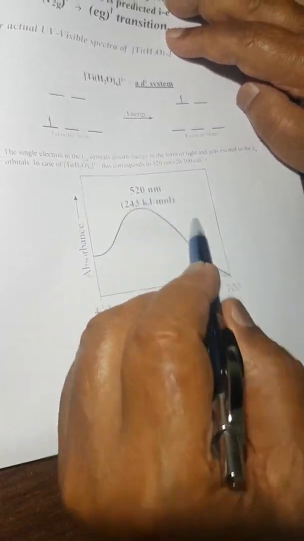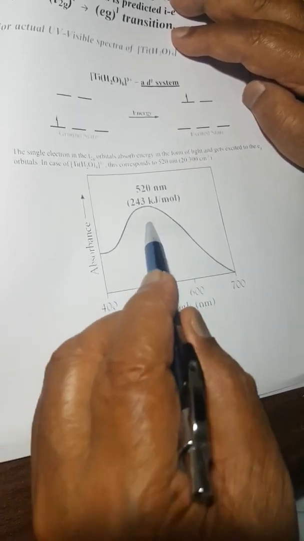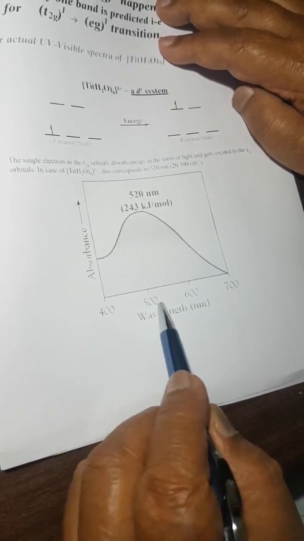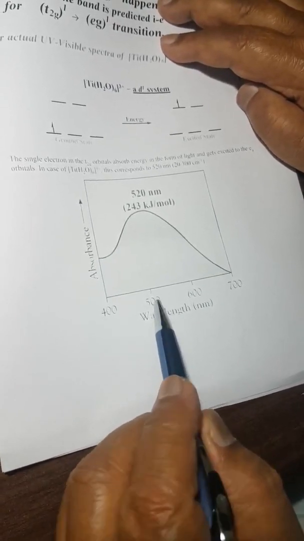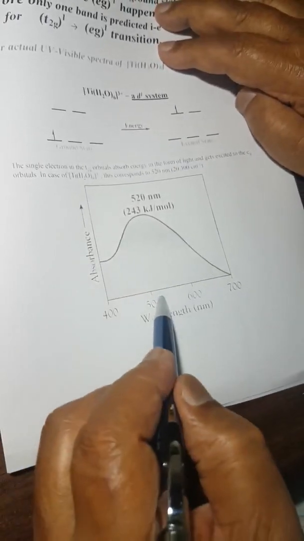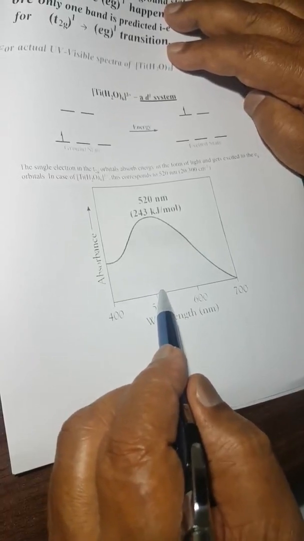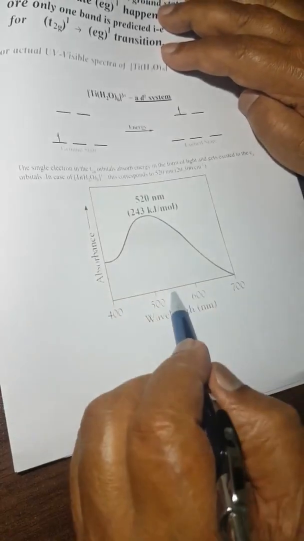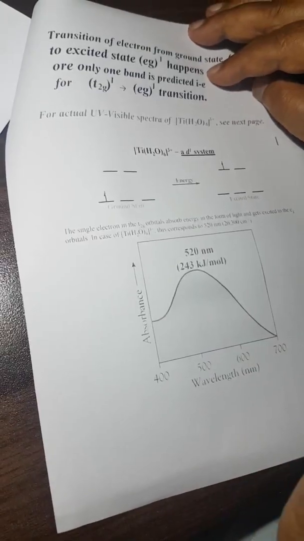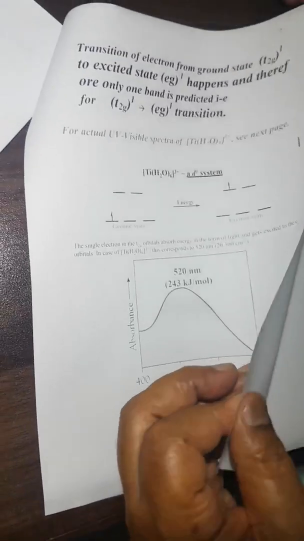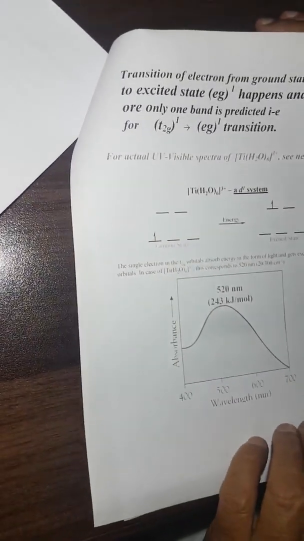This is the spectra of d1 system, and here is the energy. It is at 500 nanometer, in the visible region. I think this is blue light wavelength. So in this system, we predict there can be only one band, and you can see in your books, it gives only one band.